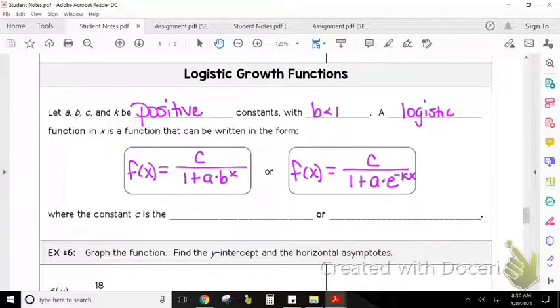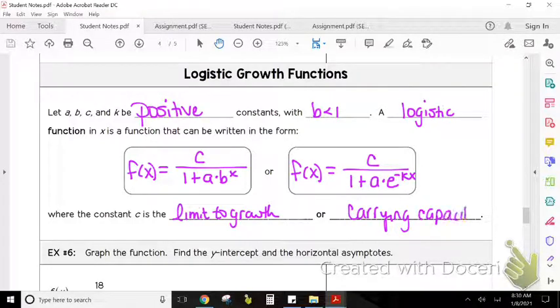The constant c is the limit to growth, or could be called the carrying capacity. So limit to growth or carrying capacity means it can't get any bigger than that, okay?